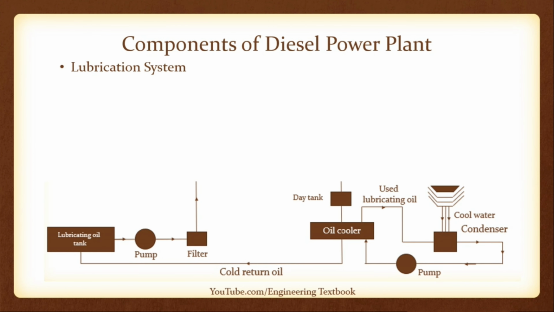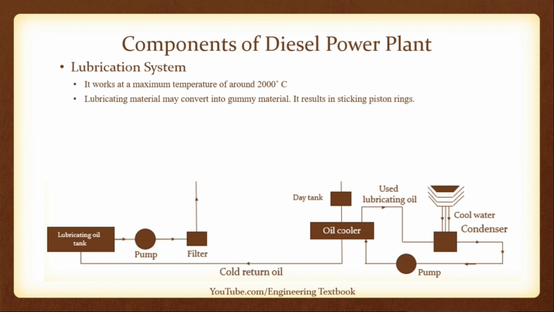Lubrication system. In an IC engine, the piston cylinder arrangement is exposed to very large variations of temperature. It works at a maximum temperature of around 2000 degrees Celsius or higher. At such a high temperature, the lubricating material may convert into gummy material, which results in sticky piston rings.